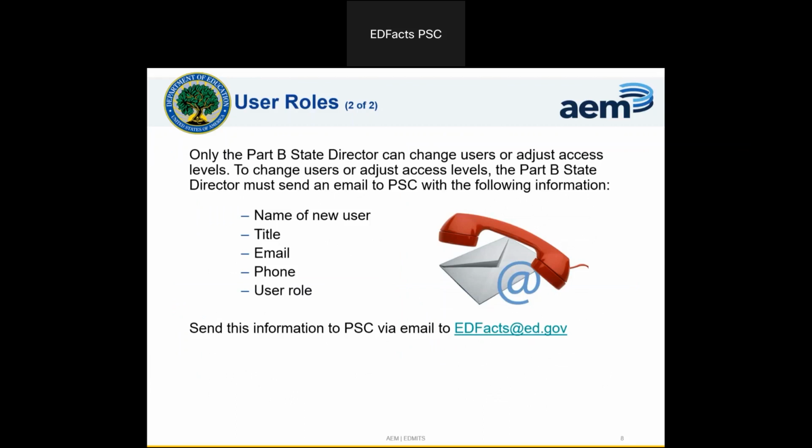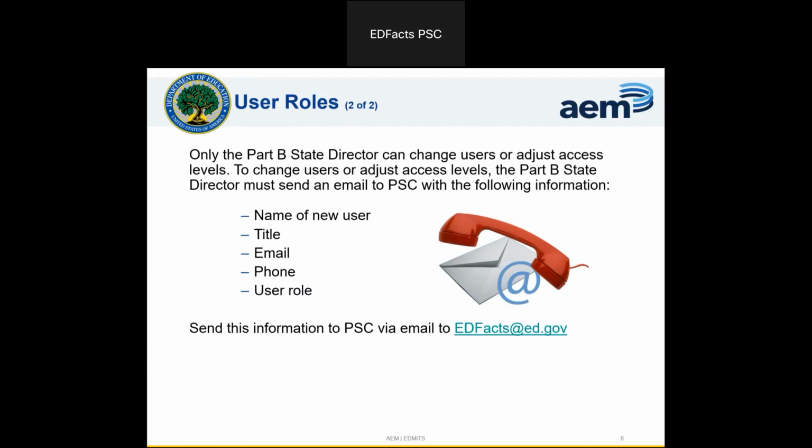So, and this is really important in preparation for Monday's open. If for any reason you or someone in your state needs different permissions or a change needs to be made with users, the Part B state director for the state must contact PSC to request that access be adjusted or new accounts be created.